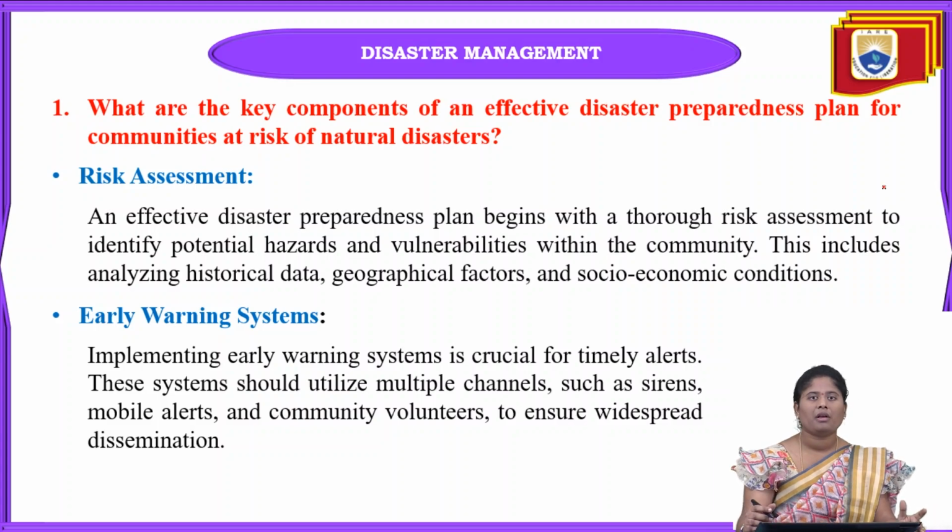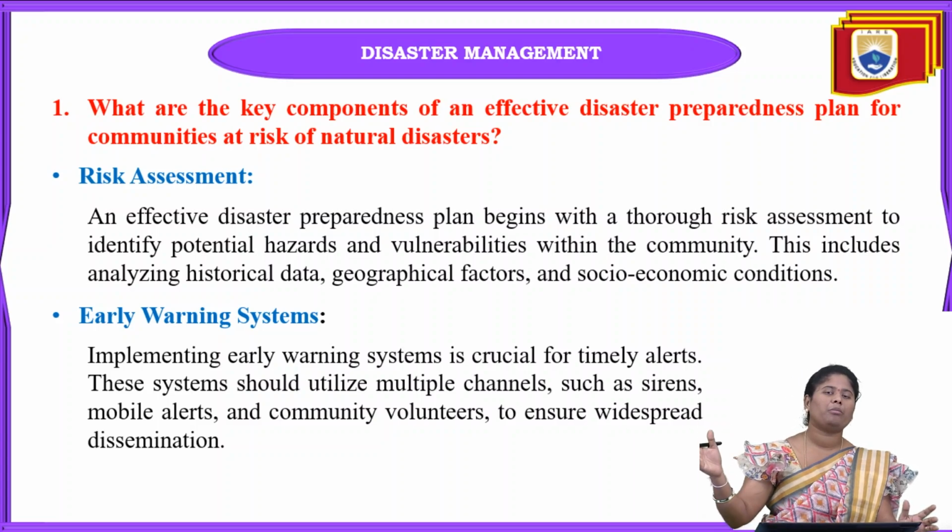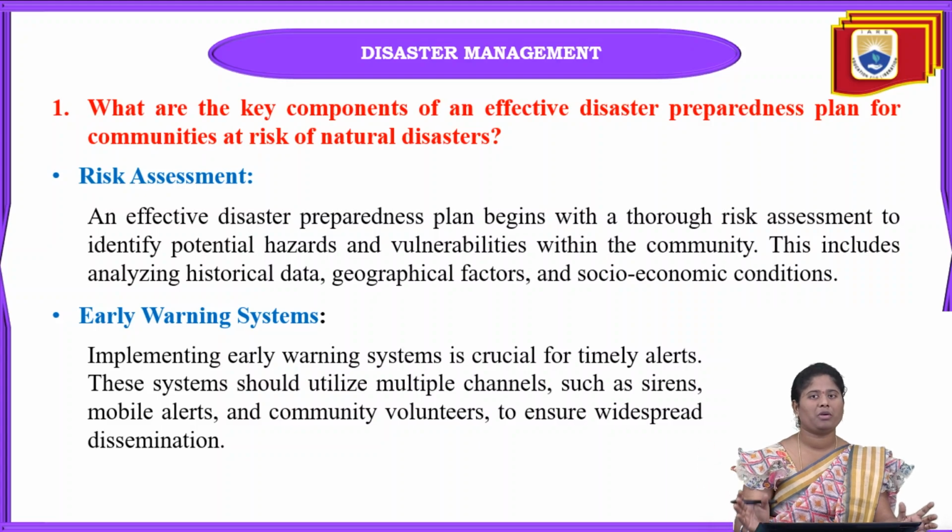And the next one is early warning system. If the meteorological department gets to know that a natural disaster is going to occur at some point or some area, they will alert the people living around that area. They will immediately evacuate those people and displace them from one place towards a safe place.